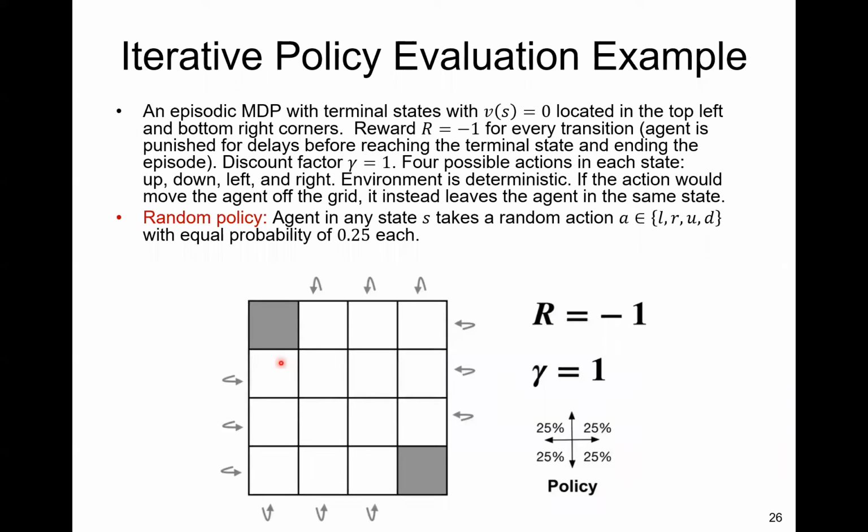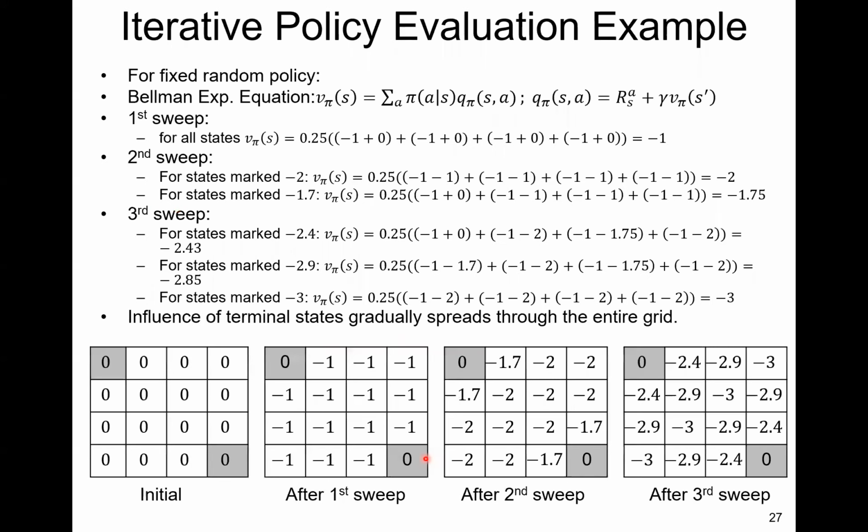So here's an example. You're evaluating this MDP. It's episodic because now if you hit one of the terminal states, you exit the game and restart. So you can see that as you iterate through the iterations of the Bellman expectation equations, the influence of the terminal states gradually spreads throughout the entire grid.